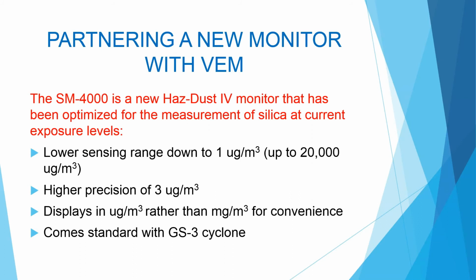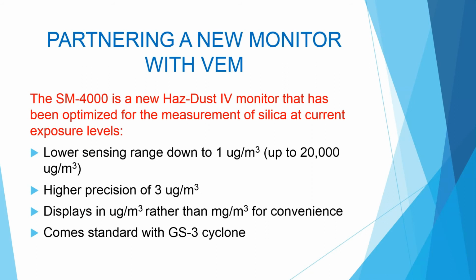This new HAZDUS4, which we call the SM4000, is a light scattering device, so it sees all dust and not just silica, but it is factory calibrated using a test dust with a known amount of silica. The instrument is optimized to measure lower levels, and for convenience, it displays in micrograms per cubic meter and not milligrams per cubic meter.